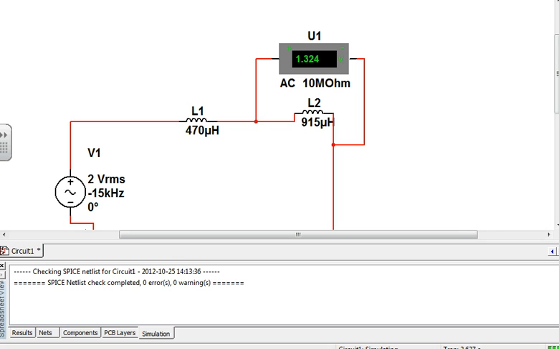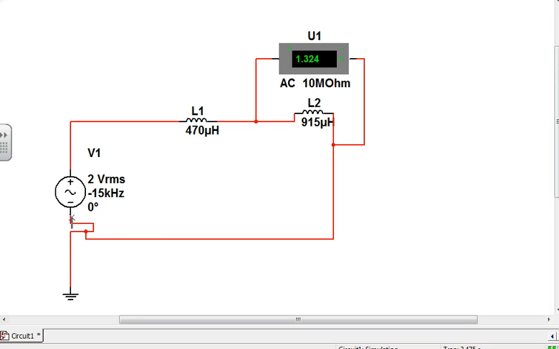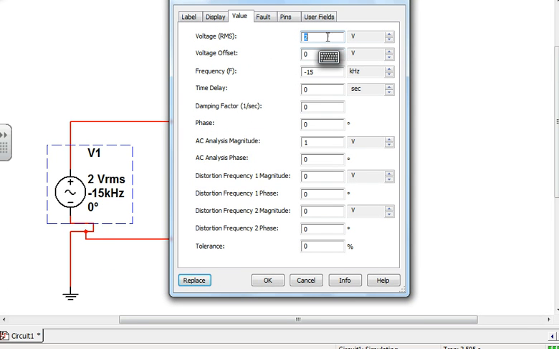Well, I don't think we have answers in the back, do we? So there's no answer to 50. What if I change this to plus 15K?